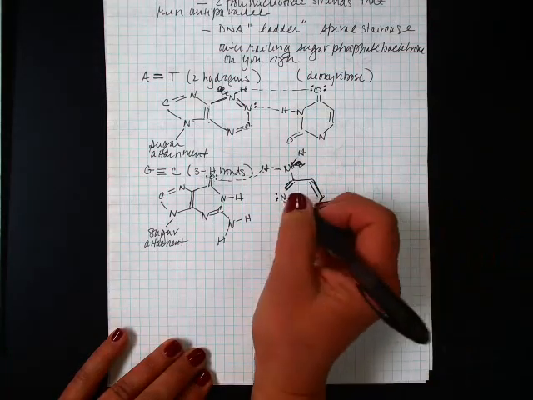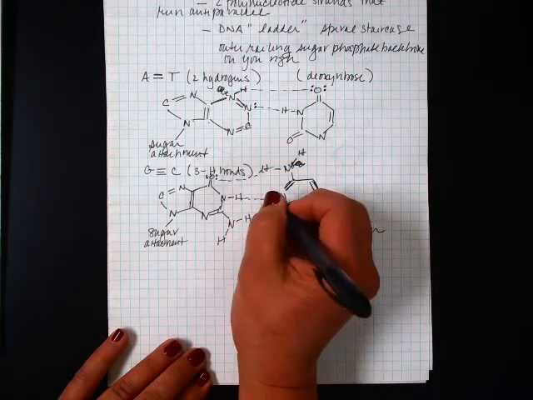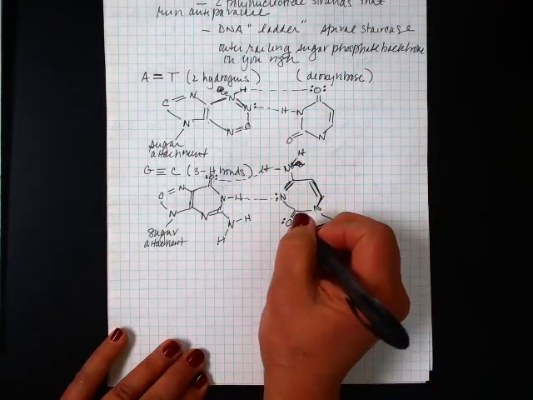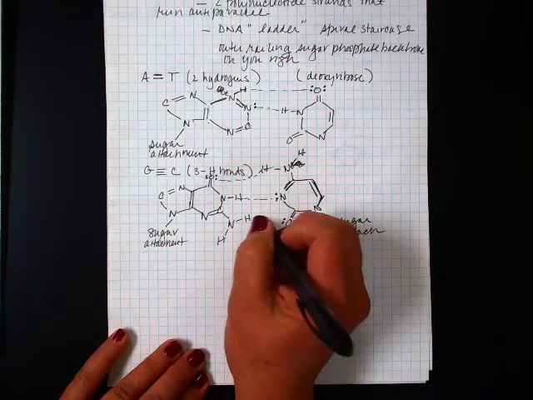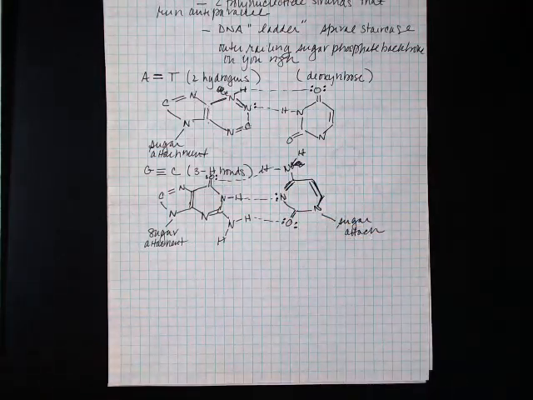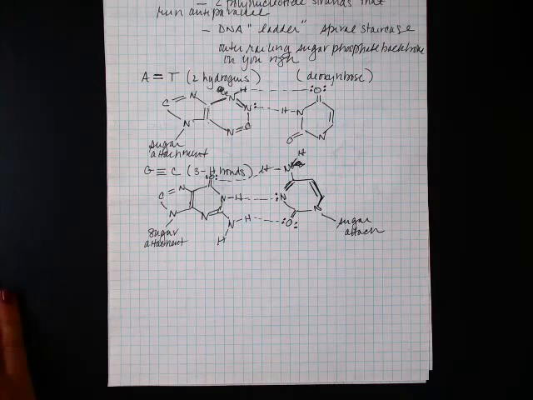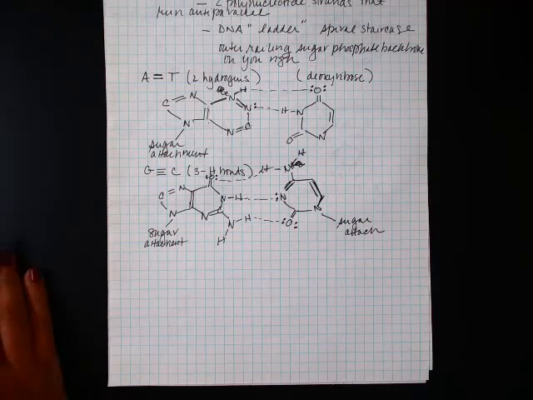And finally, the hydrogen on this amino group will hydrogen bond with the other carbonyl in cytosine. And that's it. We're drawing nucleic acids and base pairs.